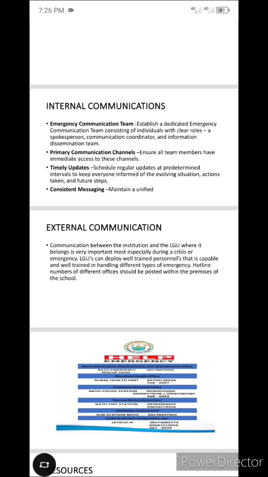Now, the seventh element, we have the external communication. As internal communication is important, external communication is also an important aspect of the emergency management plan.